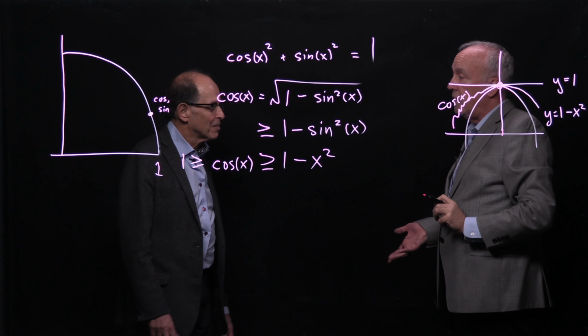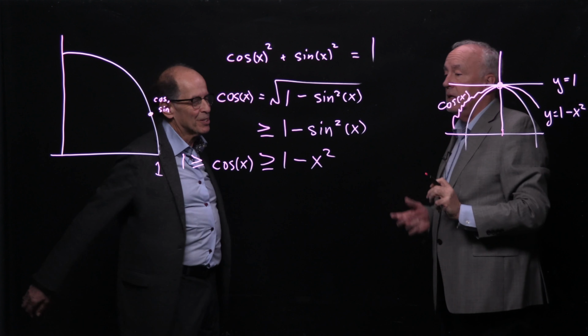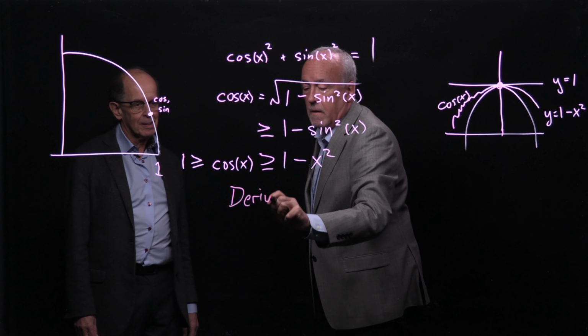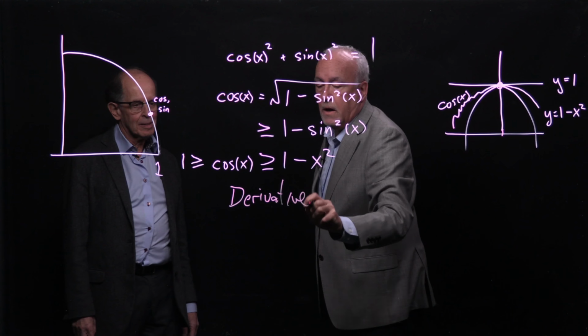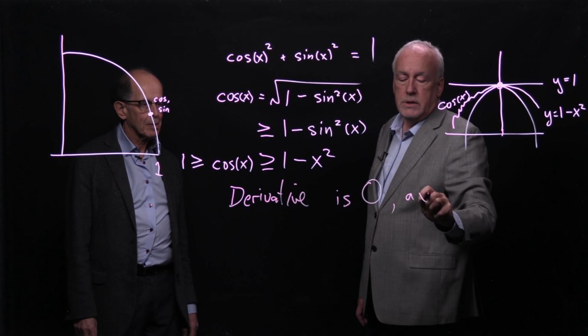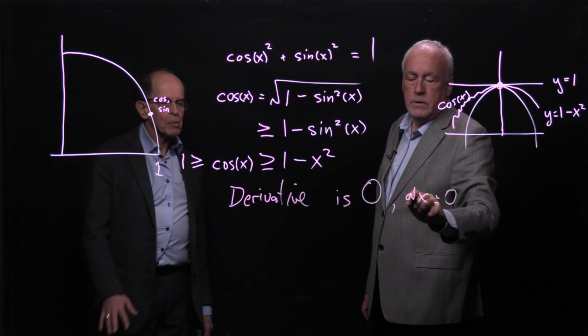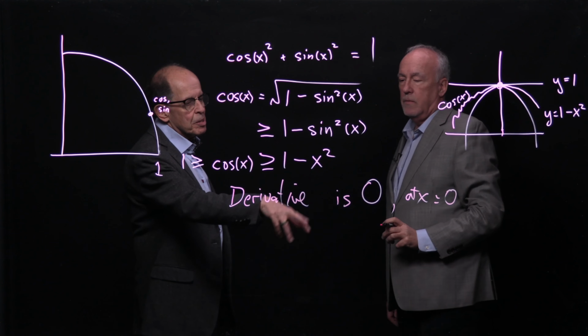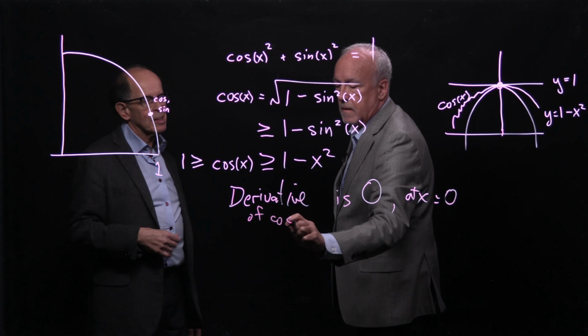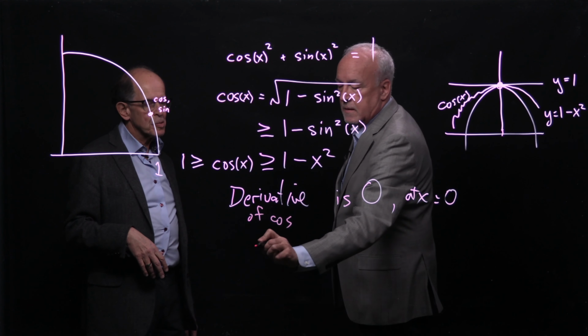So what's the slope of a flat line? 0. That tells us that the derivative of the cosine is 0 at x equals 0. So the derivative of cosine is 0 at x equals 0, and the derivative of sine is 1 at x equals 0.